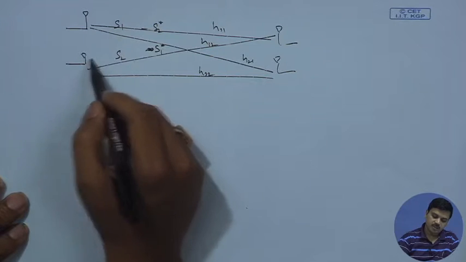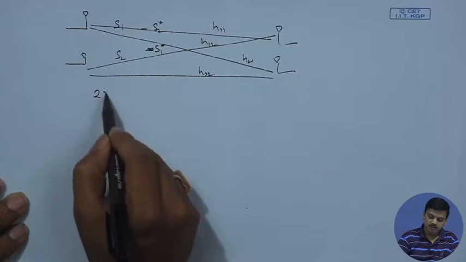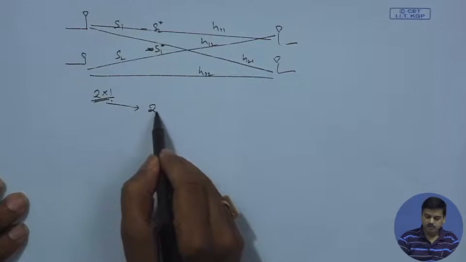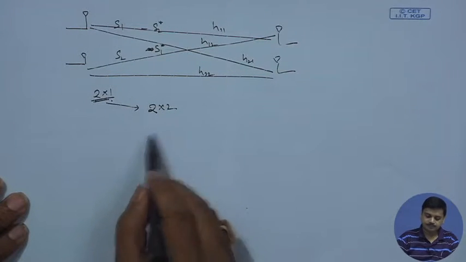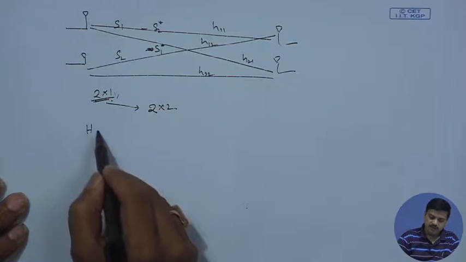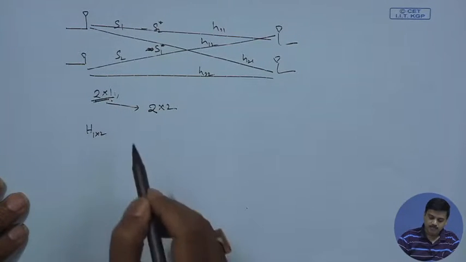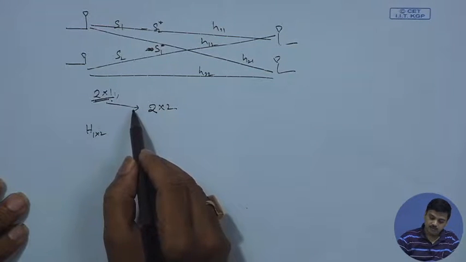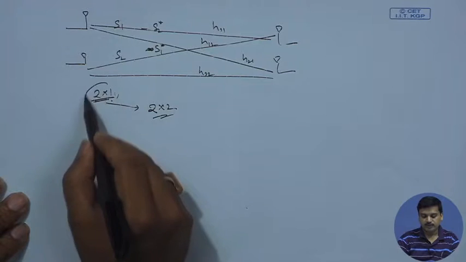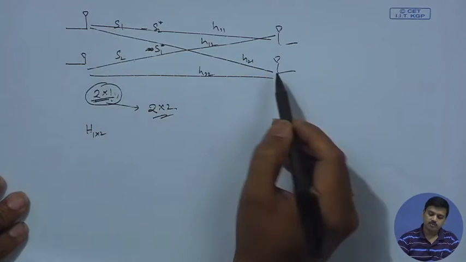In the earlier scheme, it is Alamouti with a 2x1 combination, 2 transmit and 1 receive antenna, and then we move on to a 2x2 system. Although we specify it as 2x1, the H matrix is actually 1x2, and in this case it is 2x2. So we should be clear: when you say 2x1, we actually mean 2 transmit, 1 receive antenna.